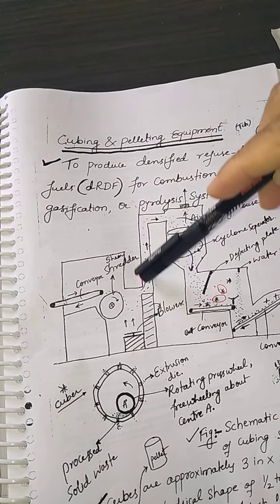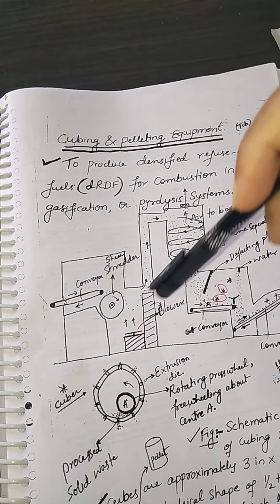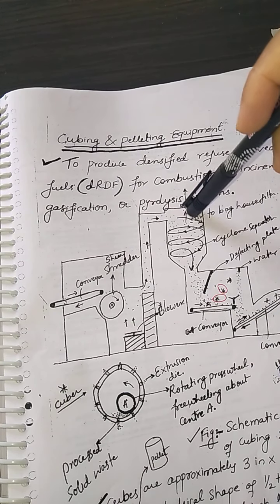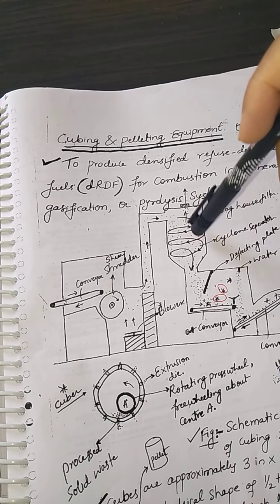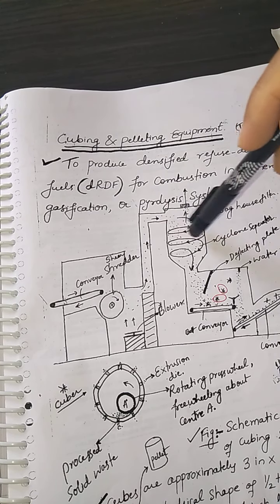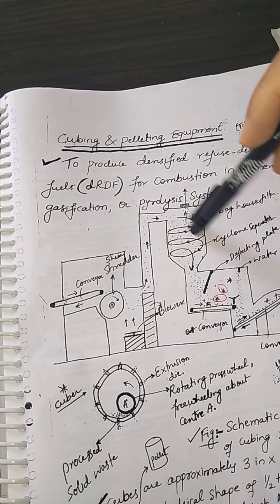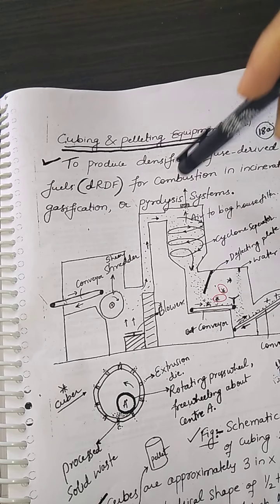Since lighter materials like paper are there, they are going to be collected in this particular system. Then this cyclonic scrubber is going to whirl the waste material, since a higher velocity is used here.